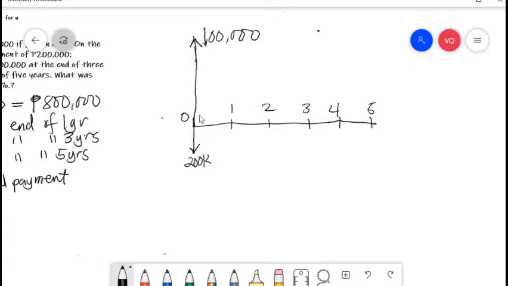And since it is on the same day, 1 million minus 200,000, because we cannot apply the interest yet, and it is on the same day.